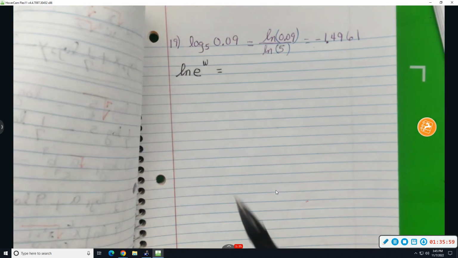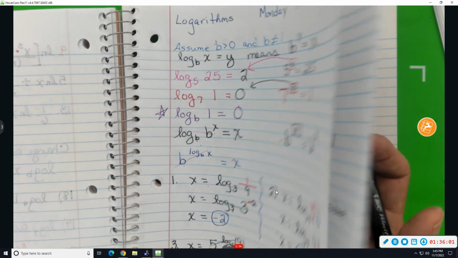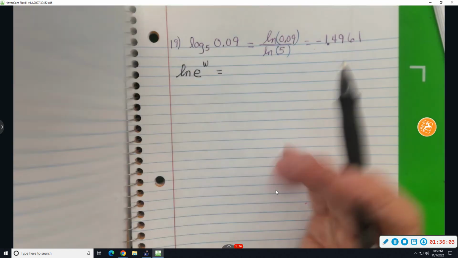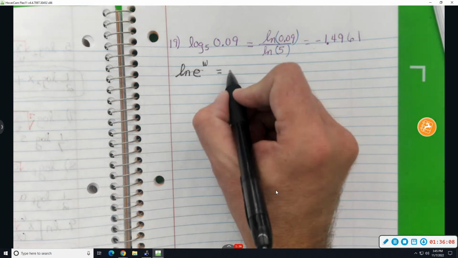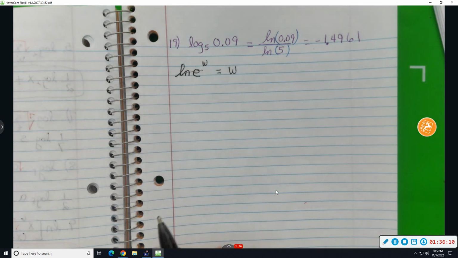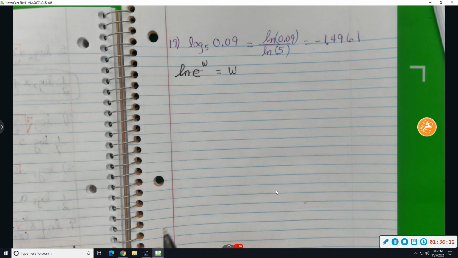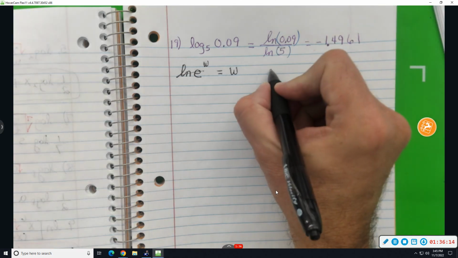Well, that's what ln is, log base e. So if we have an e here and here, all of that cancels each other out. Okay? It could even be written like this.